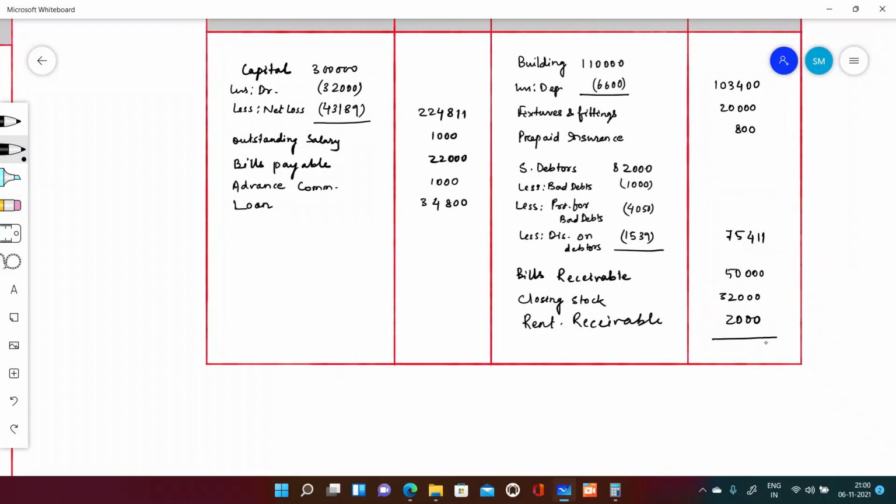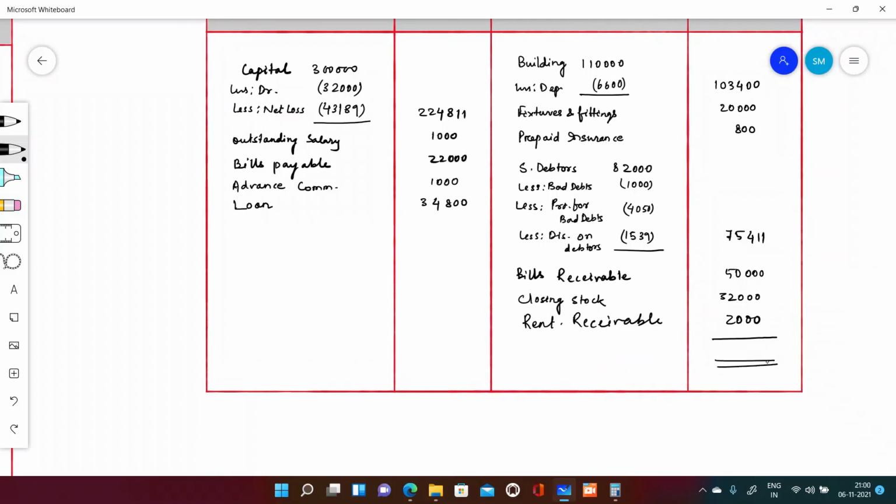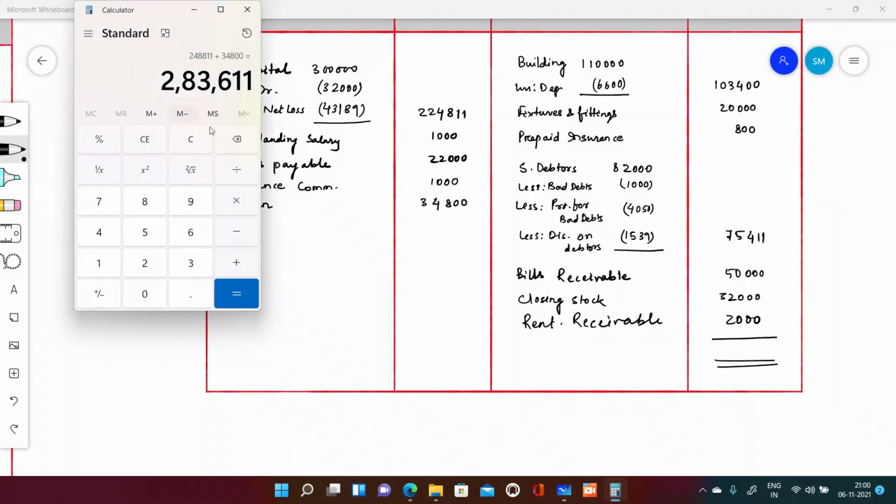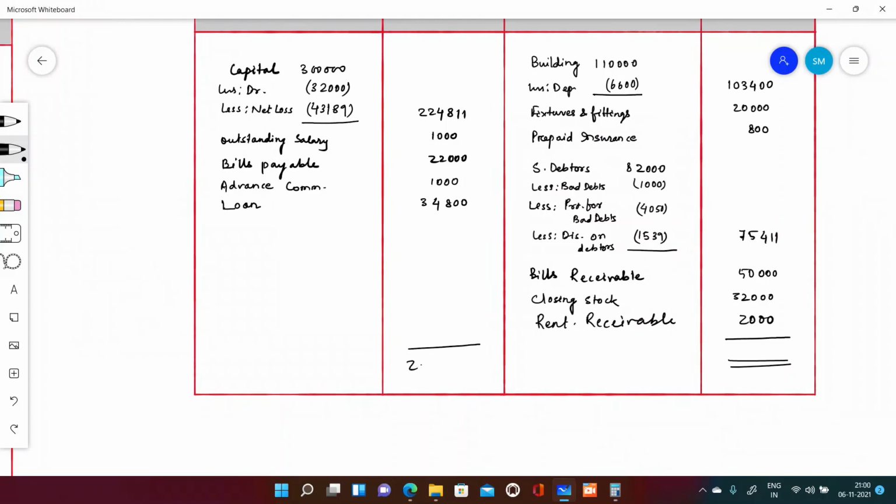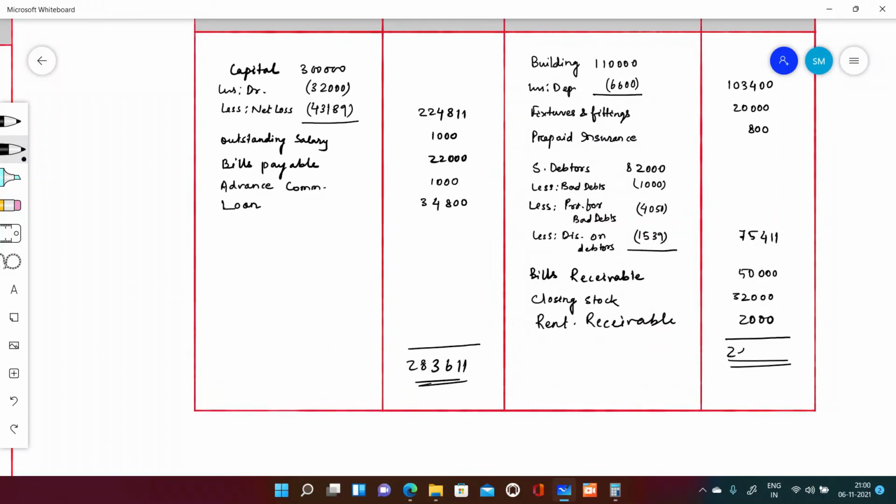Now I think both the sides will come equal. Now both the sides you are getting 283,611. Okay, so our question is absolutely correct.